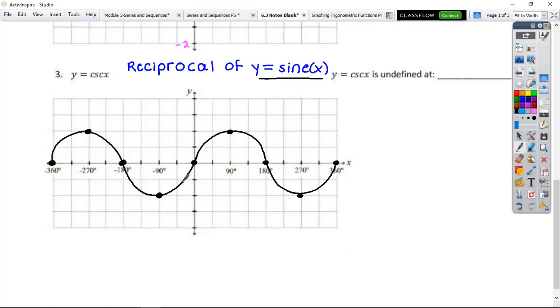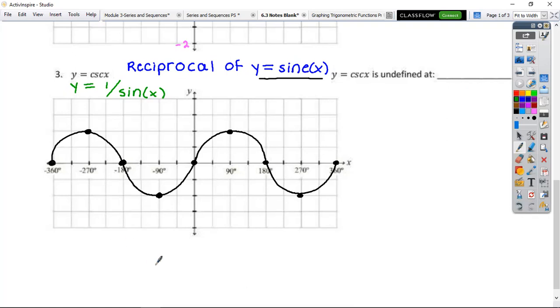All right, so to do cosecant of x, I'm going to go right into the calculator, and I'm going to type y is equal to 1 divided by sine of x. Now, I don't know if you remember back, it's been a couple of weeks, but cosecant of x is going to have some values for which it is undefined.